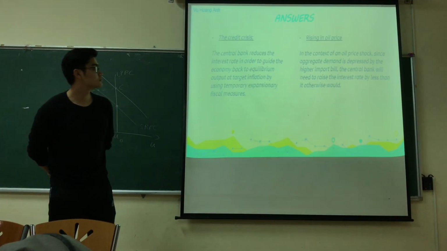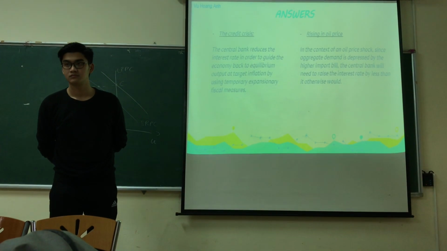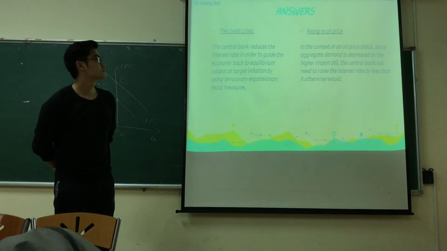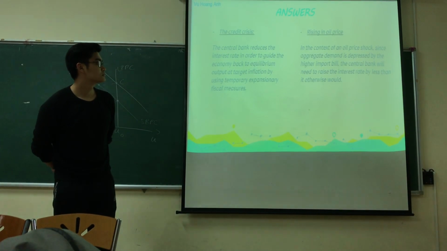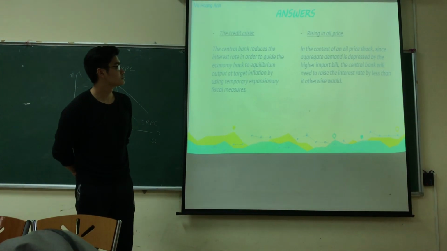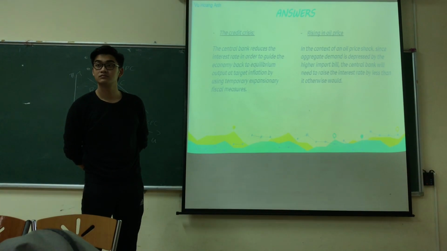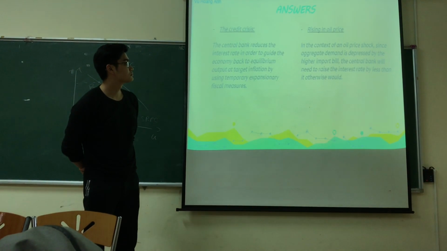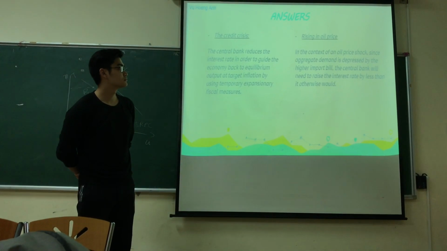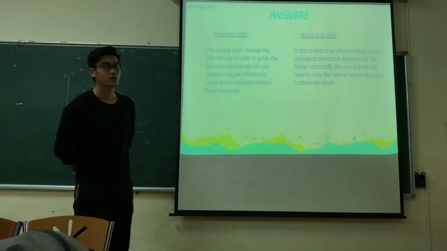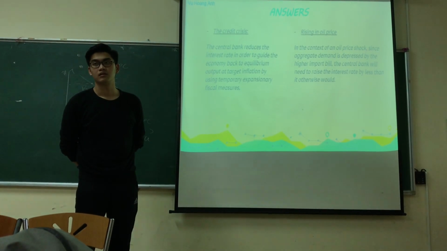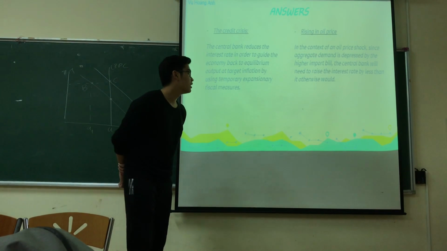In the case of a rise in oil price, you said that AD decreases. I agree with you. But the central bank needs to raise the interest rate by less than its other one. What does it mean? It means that the central bank will increase or decrease the interest rate in this case.